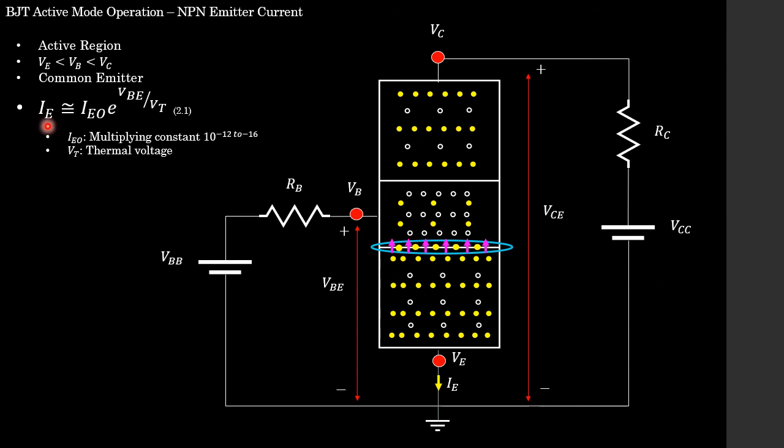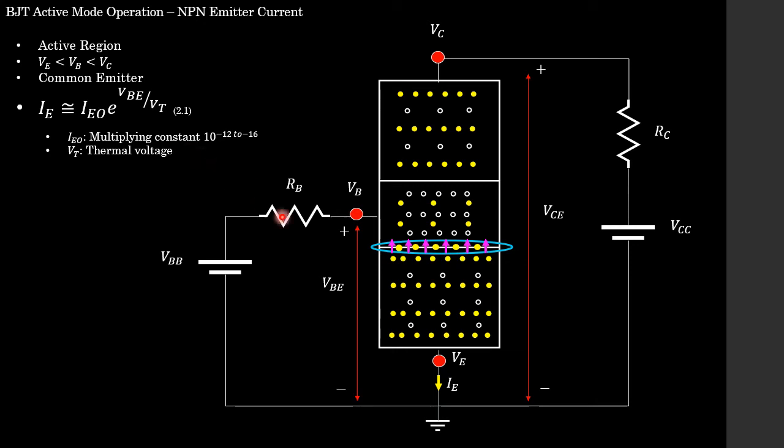So our emitter current IE can be approximated to IEO multiplied by e to the power VBE divided by our thermal voltage. So that's how we see it is exponentially related to the voltage VBE. And this term IEO is simply a multiplying constant, which is usually between 10 to the minus 12 to 10 to the minus 16. And as I mentioned, VT is the thermal voltage.